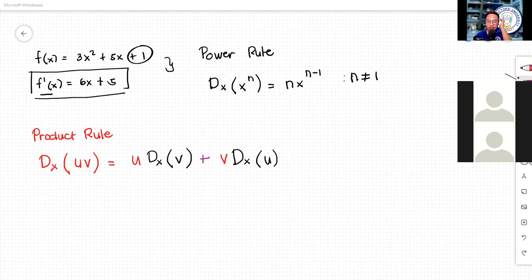So now, let me take an example for you guys. One moment. I think I need to replace the battery in my mouse because it is acting up when scrolling. Wait a moment.